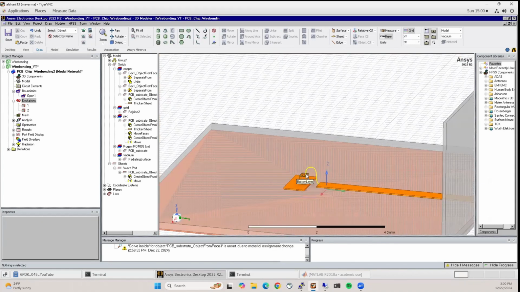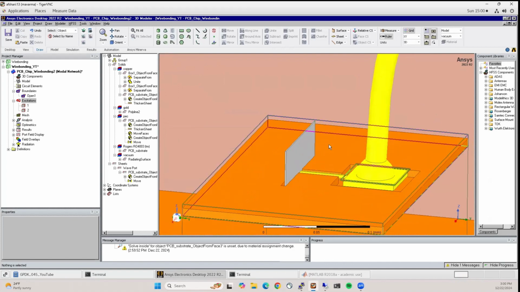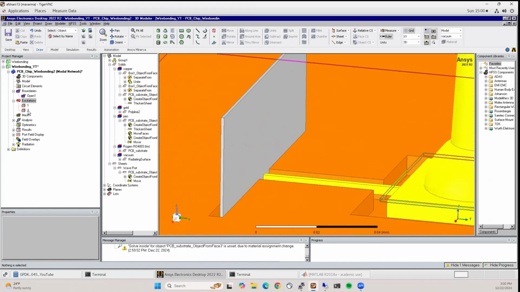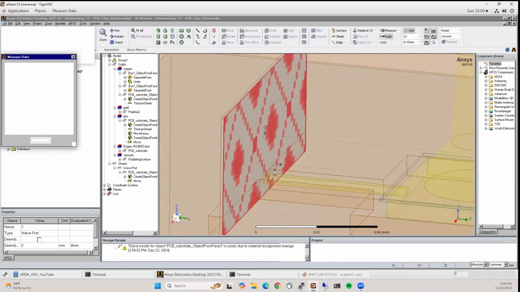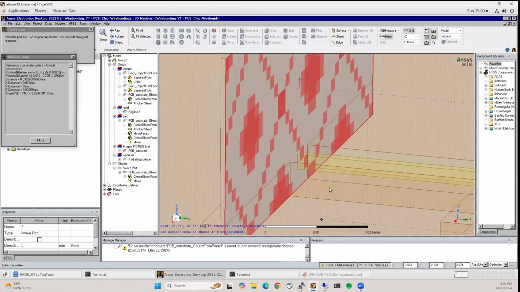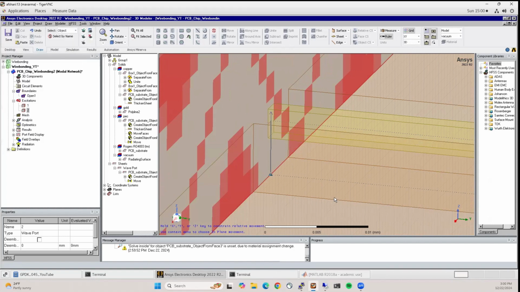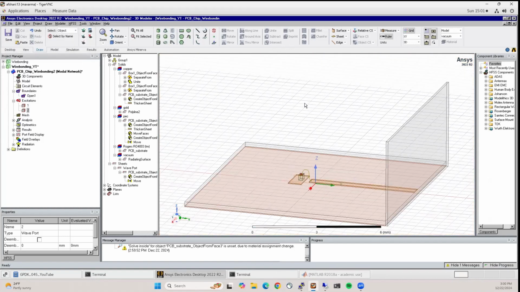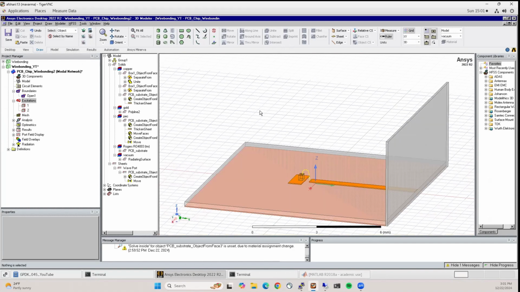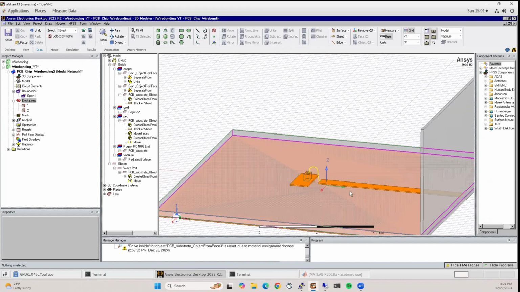It's good, and let's do that for the other port as well. Go from there to there. All right. Okay, so we've added the integration line, deleted the sidelines.